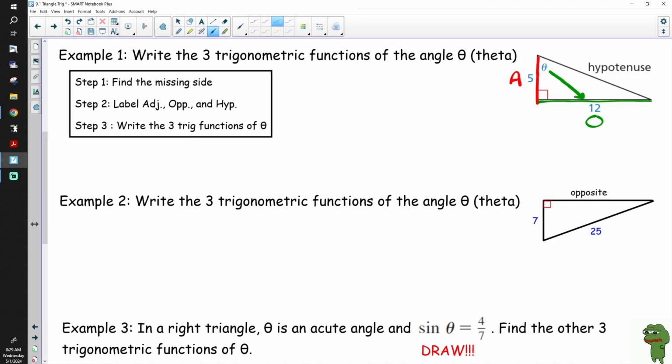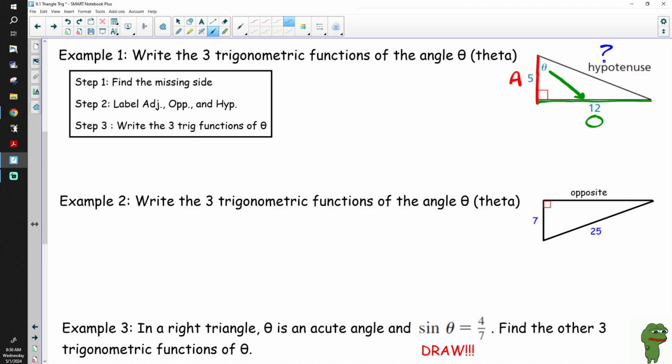And lastly, we have our hypotenuse, our longest side. It is opposite of the 90-degree angle. We do not know our hypotenuse, and before we can set up our three trig functions, we have to know the hypotenuse, not the hippopotamus. Hypotenuse.